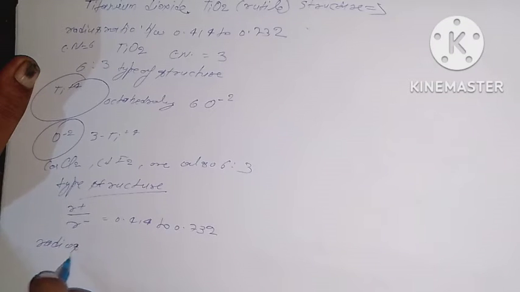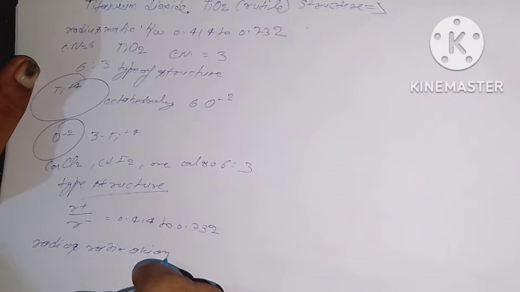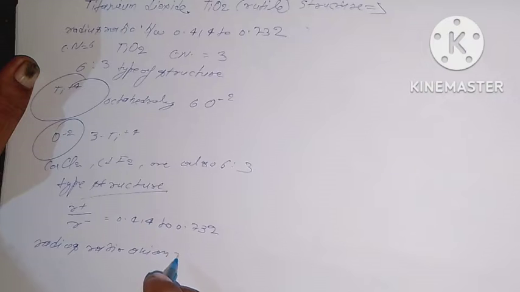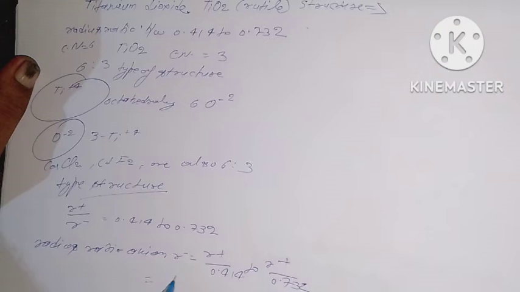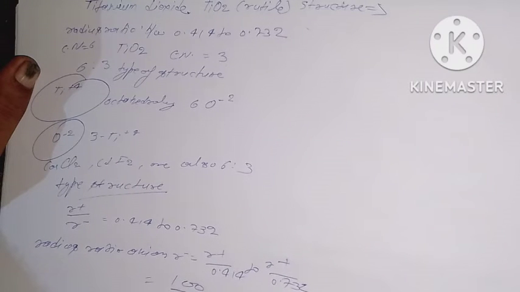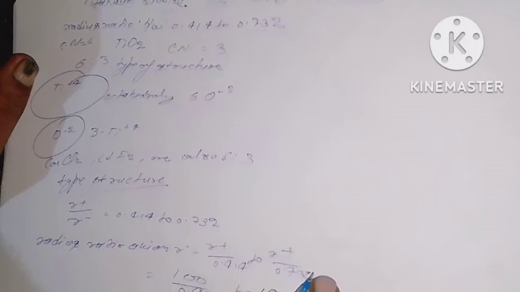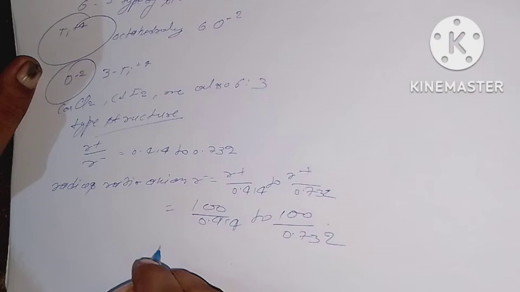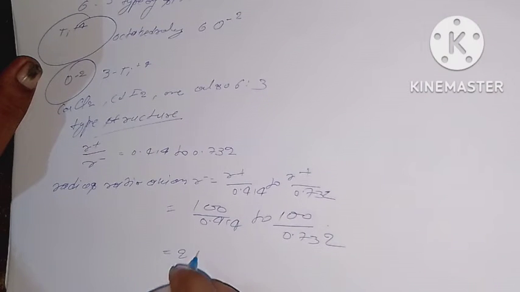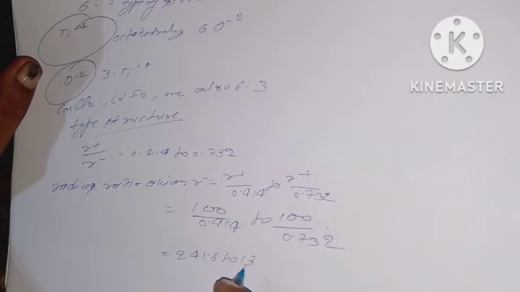Radius ratio: R positive ion upon R negative ion is between 0.414 and 0.732. Then R negative ion is between 100 upon 0.732 and 100 upon 0.414, which is 136.6 pm to 241.6 pm.